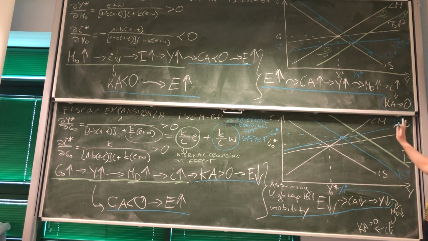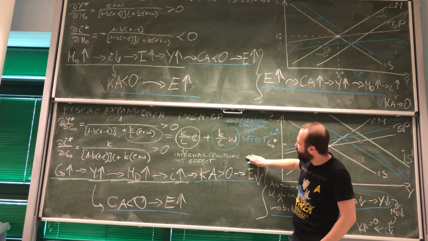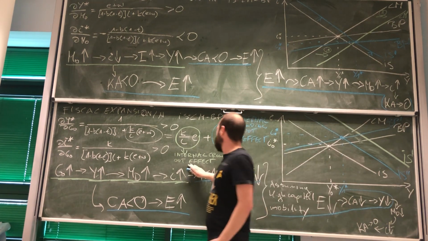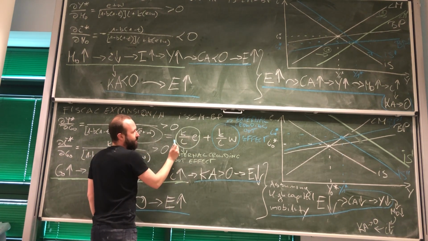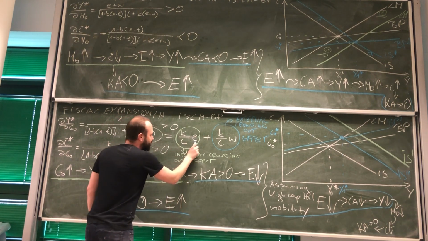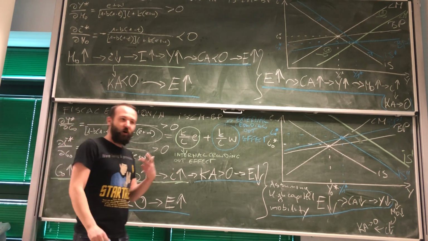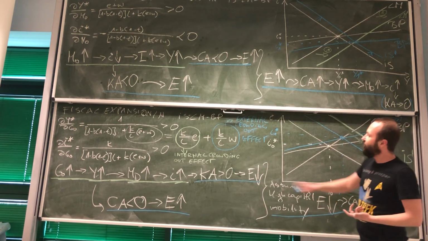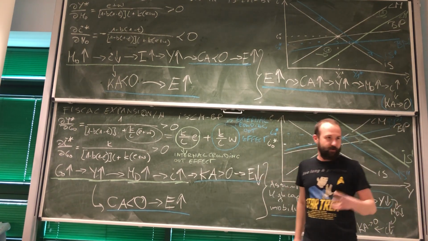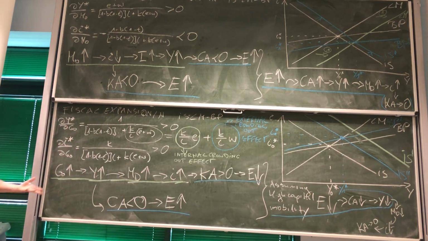And look, the slope of LM definitely has something to do with it, and in case of internal crowding out effect, we had that it was a product of slope of LM and E. E measures sensitivity of investment to changes in interest rate. Here we have W. W is associated with capital mobility and capital account.